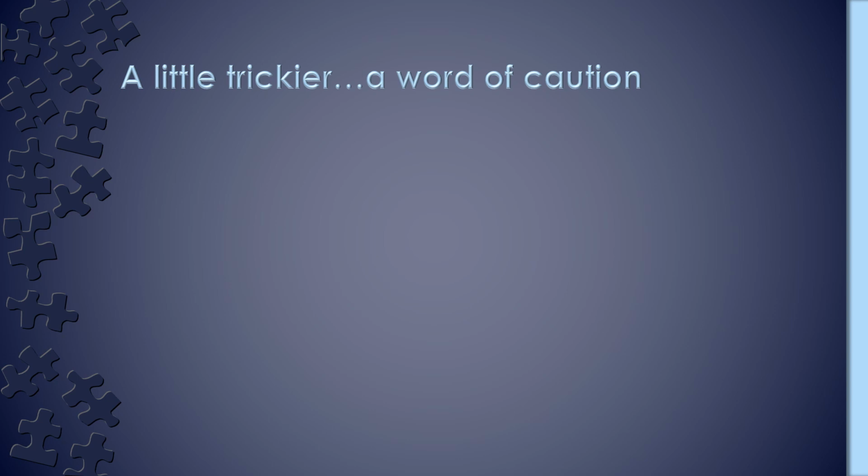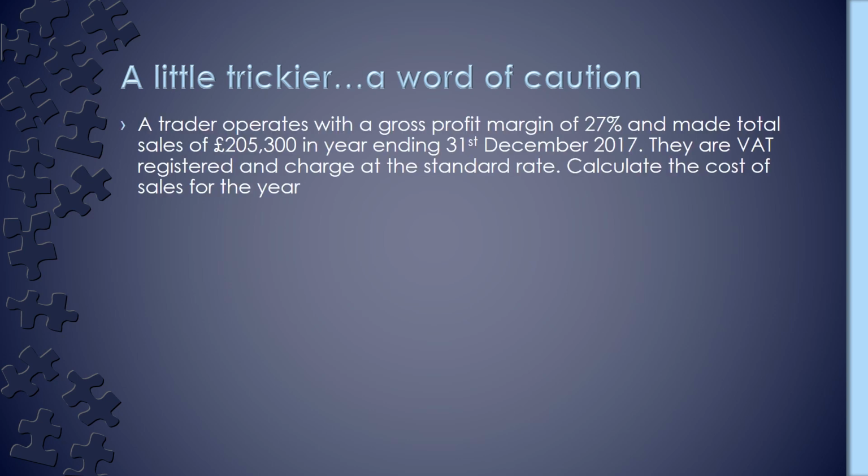Okay, so one thing we need to look out for then when we're looking at our exam questions is about VAT. Now, VAT may or may not be included in your question, and it's really important you identify when it is, because you need to make sure you take it out, as the margin is only going to be based on your net sales. So I just want to take you through a question where you have to do additional calculation in order to work out what the cost of sales is.